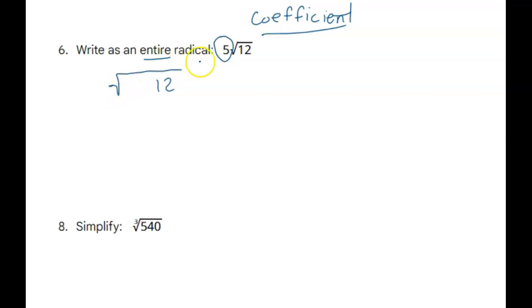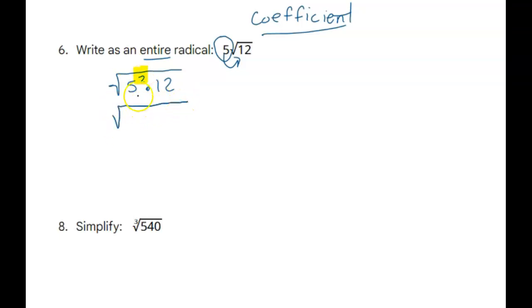Really what we're asking is, what number did you have to take the square root of to get 5 on the outside? And that's 25. If you don't see it right away, take the coefficient, put it back underneath the radical sign, and since it's a square root, you square it. You're doing the opposite. So you take the 5, put it back underneath. It's a square root, so you would square this.